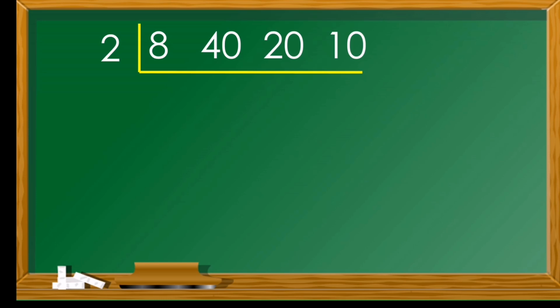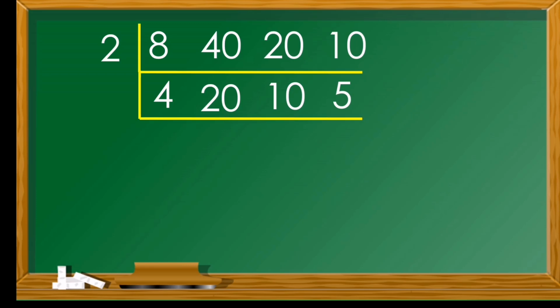So 8 divided by 2 equals 4. 40 divided by 2 equals 20. 20 divided by 2 equals 10. And 10 divided by 2 equals 5. So our quotient is 4, 20, 10, and 5. Let us divide this by another number. What do you think is the divisor for these numbers?